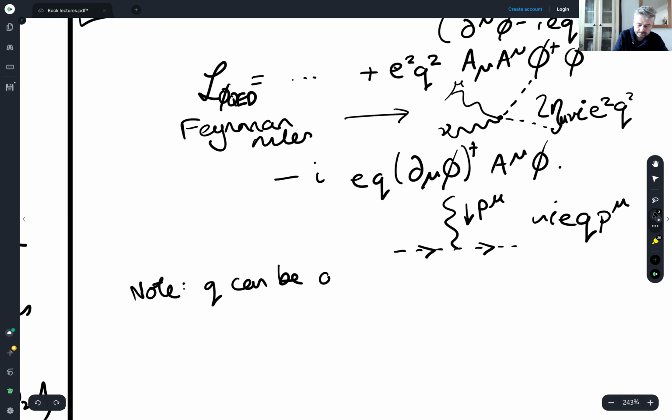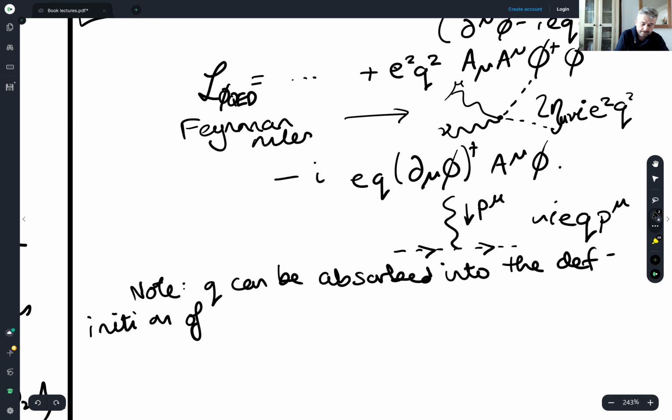So Q can be absorbed into the definition of this coupling constant. This coupling constant is just some real number that we fixed by measuring scattering cross sections, unless there are several fields.